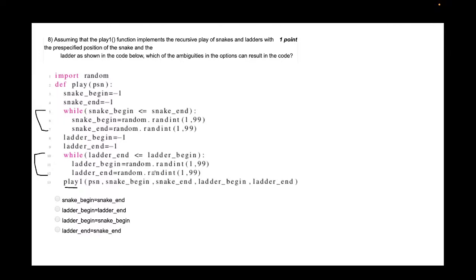So those are the rules. Based on the random updates of snake beginning and end positions and the ladder beginning and end positions, what ambiguity could result?